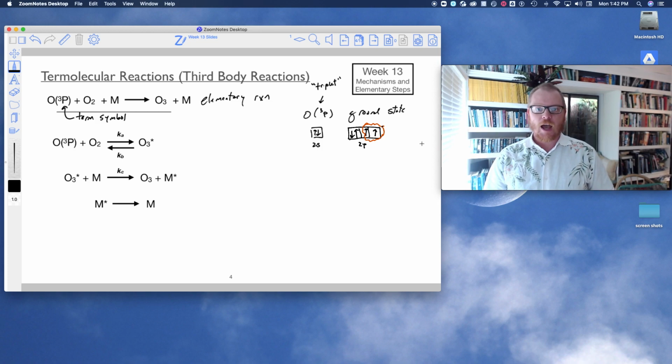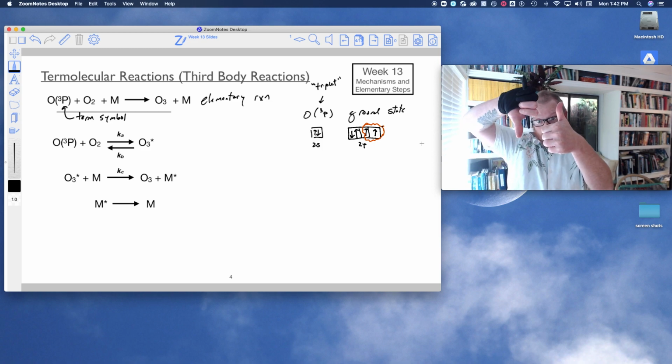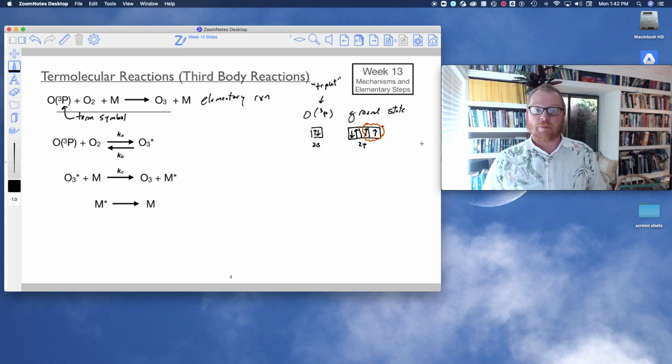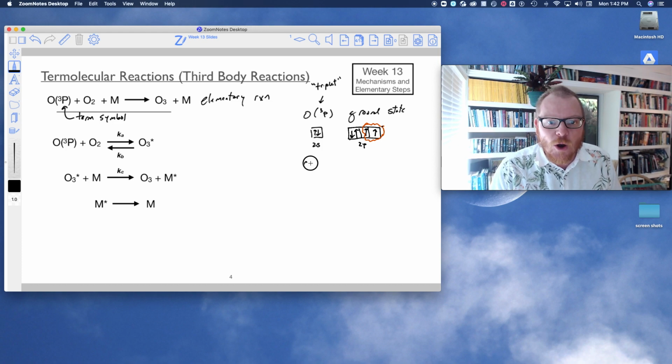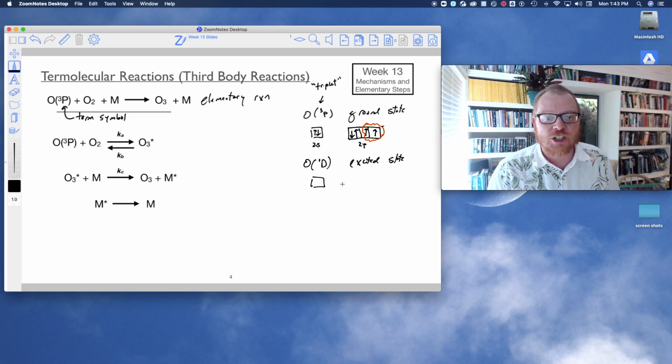As it turns out, when you have a paired up system like this, 2 electron pairs, we call that a singlet state. And so oxygen singlet D, we'll talk about what the D's and the P's mean when we get into 362. An oxygen singlet D is actually an excited state of oxygen.